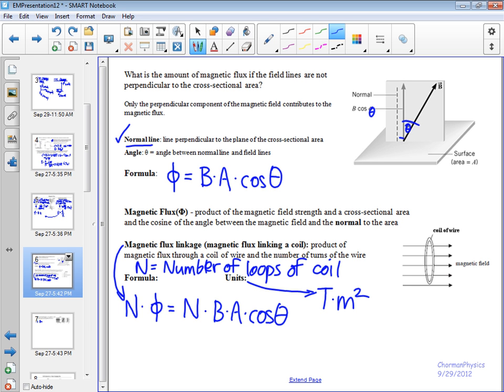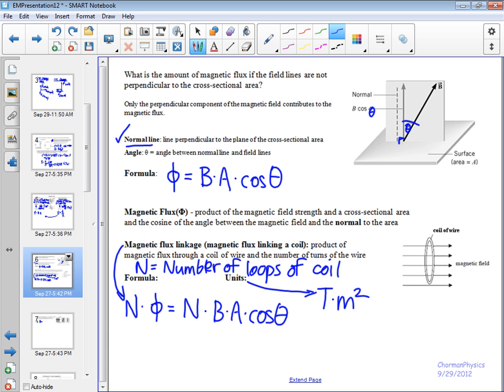The normal is another word for the perpendicular line to that surface. So we want to know how much of that B is perpendicular to that surface. That amount will be the full amount of magnetic influence felt through that area. That's what we care about.